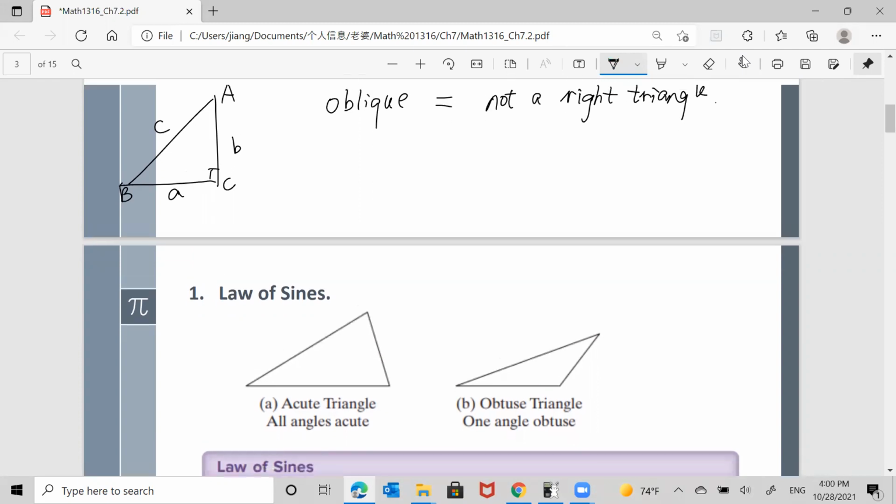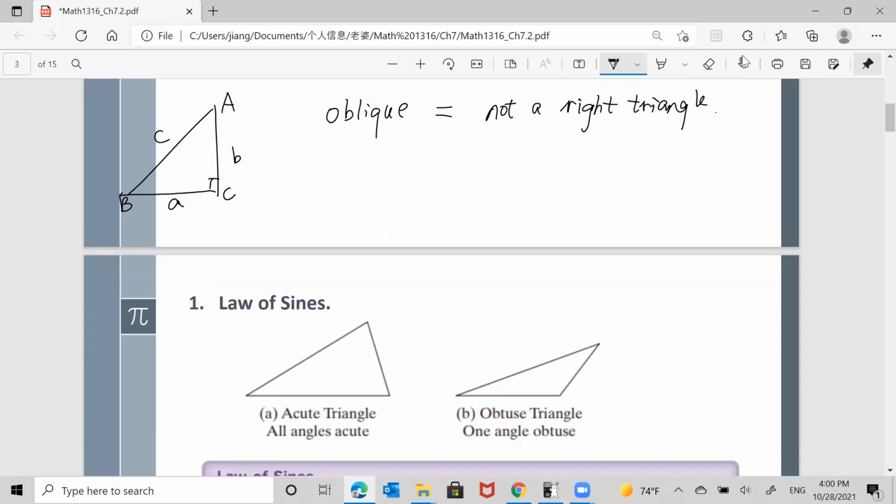So let's see. There are 2 kinds of oblique triangle. One is the acute triangle, and another one is the obtuse triangle.